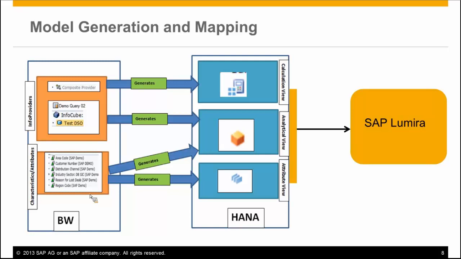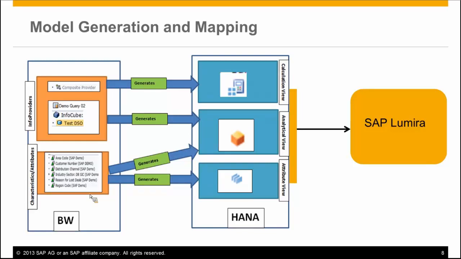The scope of this demo is centered around InfoProviders, primarily the InfoCubes and DSO, and then we'll also see how we could create a BEx query and generate a HANA view based on a BEx query, which will ultimately be consumed within Lumira.